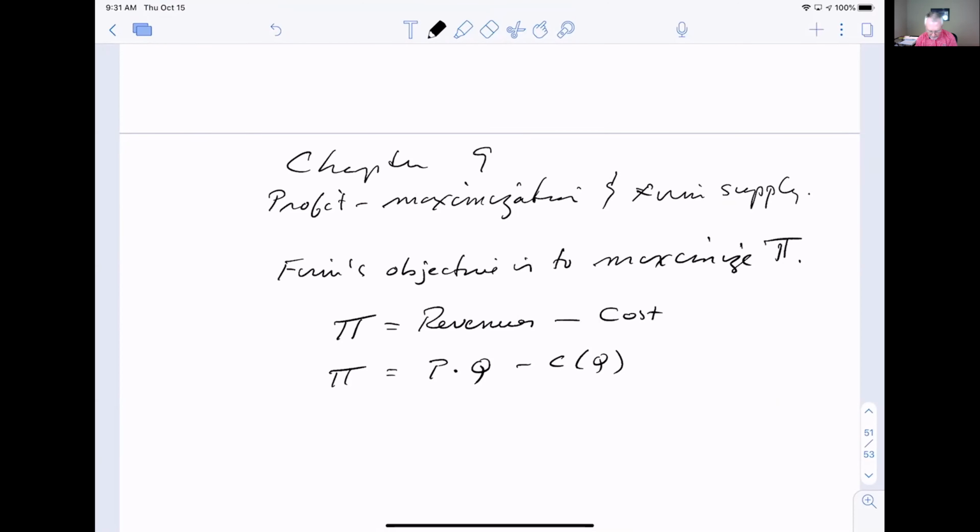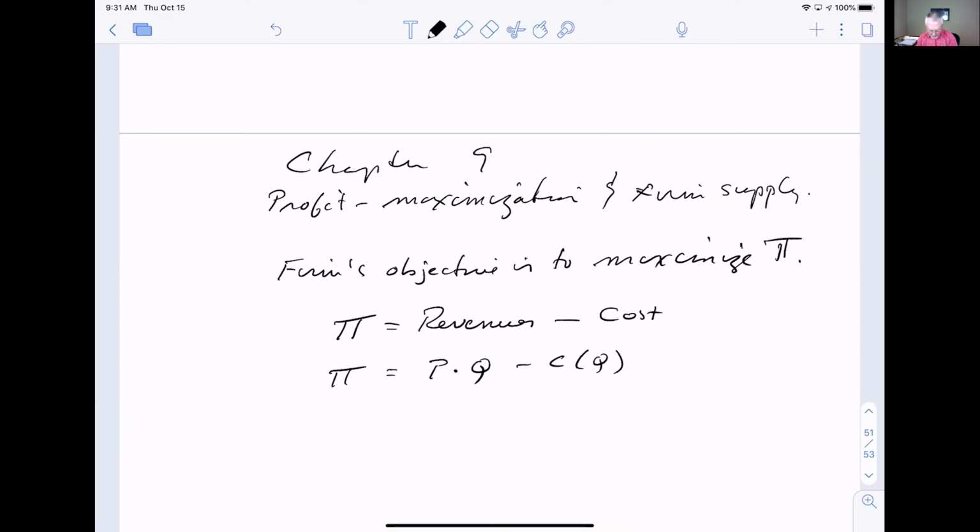So profit is equal to revenues minus cost, and those revenues are a function of the price and the quantity, less the cost, which is a function of quantity as well. So the firm here, we're going to focus on Q. The firm will be choosing Q, its quantity, in order to maximize profits.